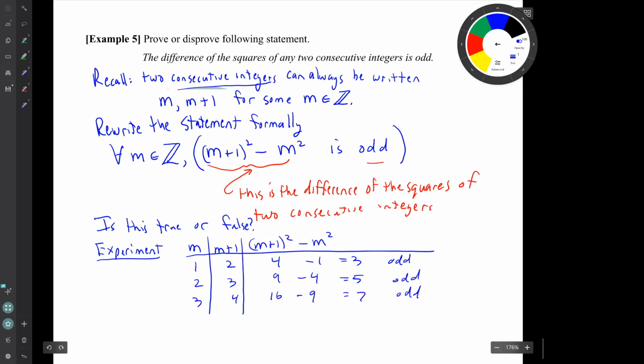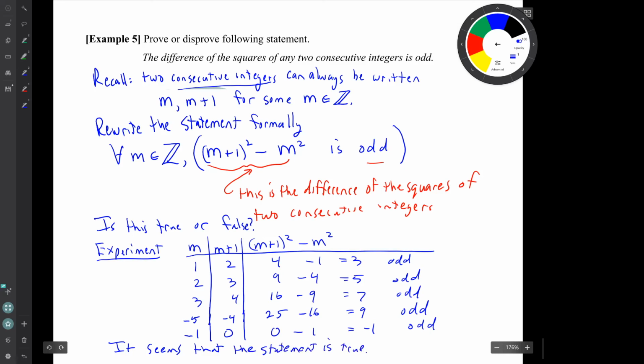Well, it seems like the result is always odd, but let's try some negative numbers just for kicks. And let's try a pair where one of the numbers is 0. So it seems that this statement is true.